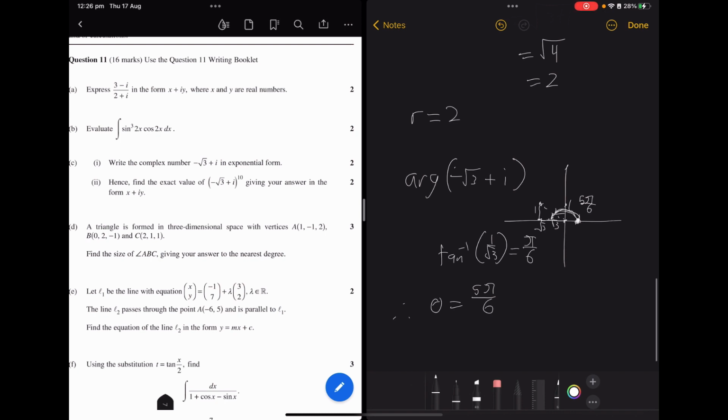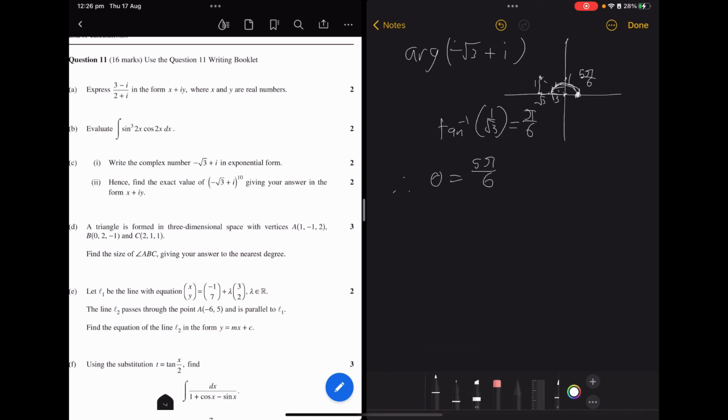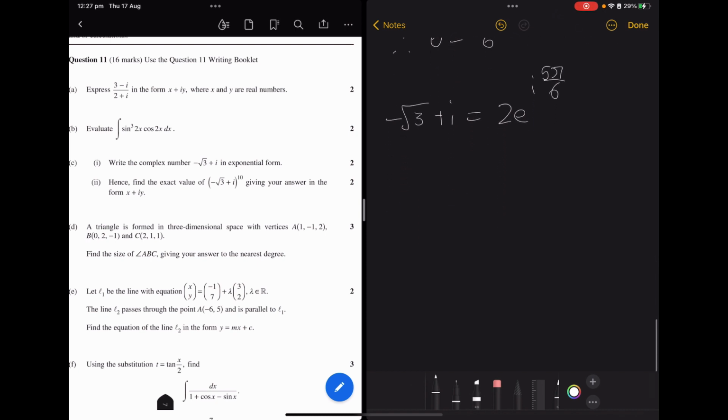And hence, the exponential form of negative root 3 plus i is just going to be 2e to the i times 5 pi over 6. So now, next for part ii, we want to find the exact value of this, giving your answer in the form x plus iy.